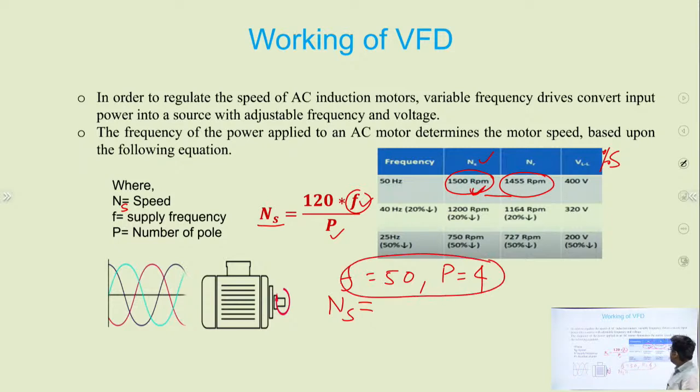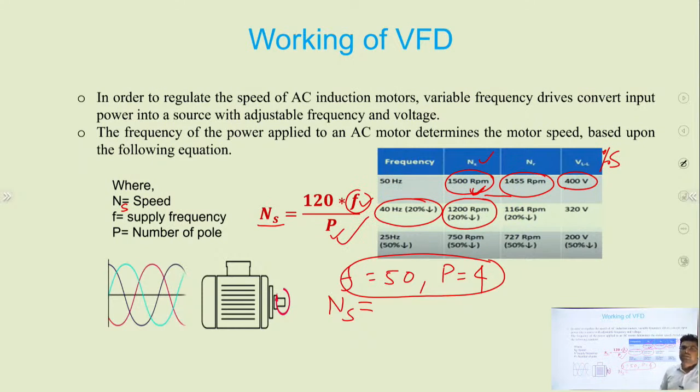But we can analyze what happens to the voltage by varying the frequency. At 50 hertz the voltage will be around 400 volt. If we reduce the frequency to 40 hertz, that is by 20%, the synchronous speed will also reduce by this formula to 1200 RPM.